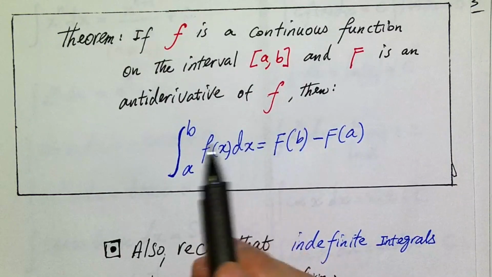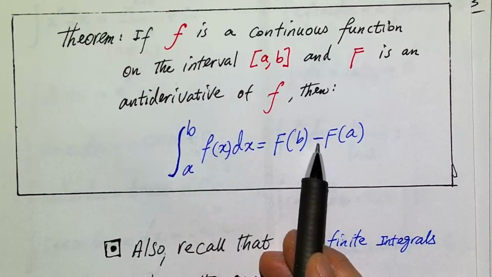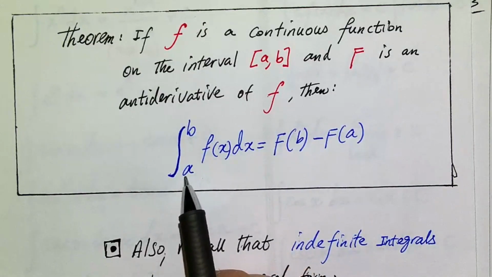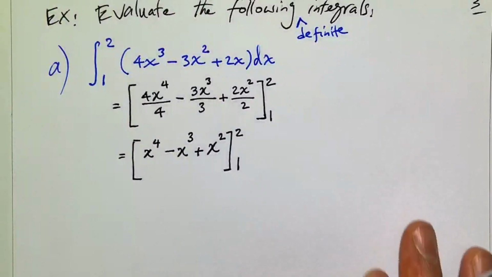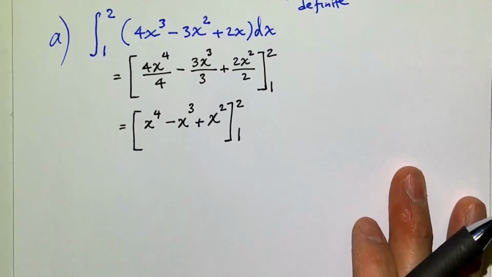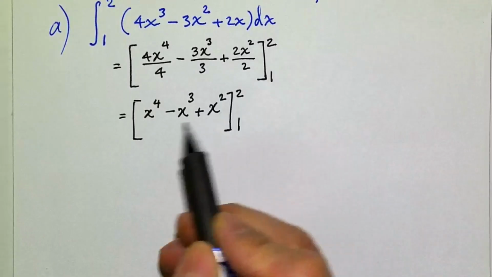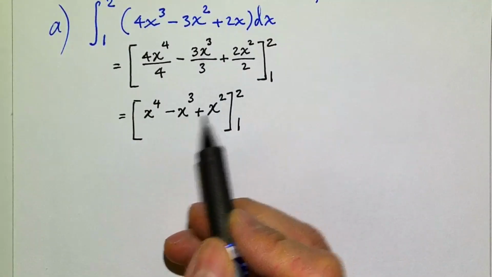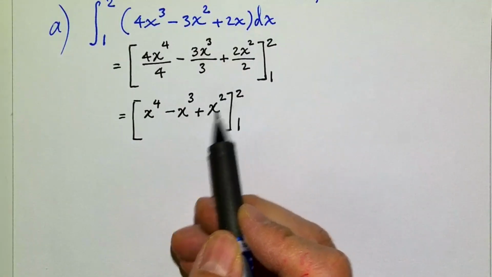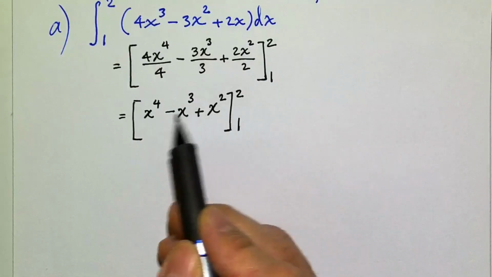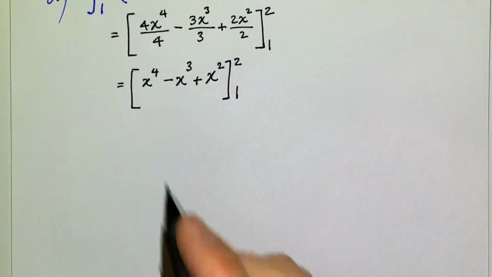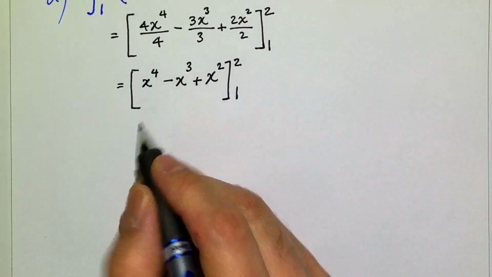Okay, antiderivative at the upper limit minus the antiderivative evaluated at the lower limit. It's pretty straightforward. Okay, so let's do that. Let's plug in 2 into this antiderivative and then subtract by substituting 1 into that expression.